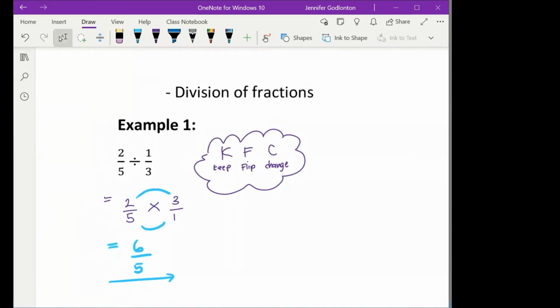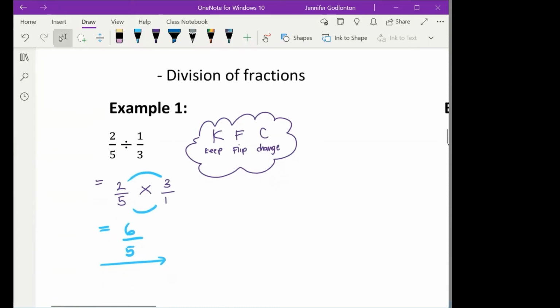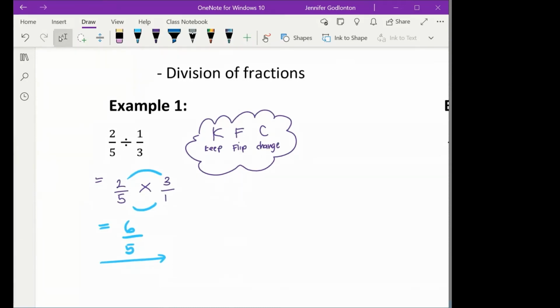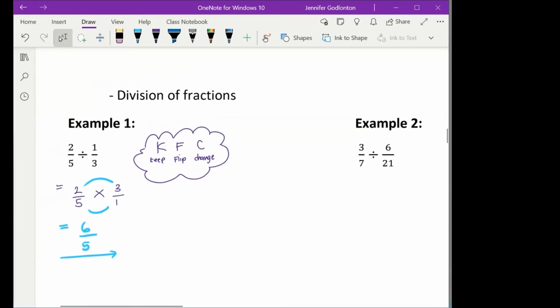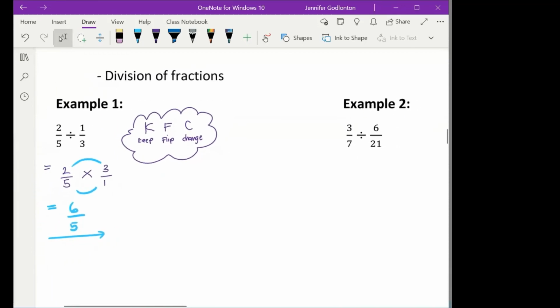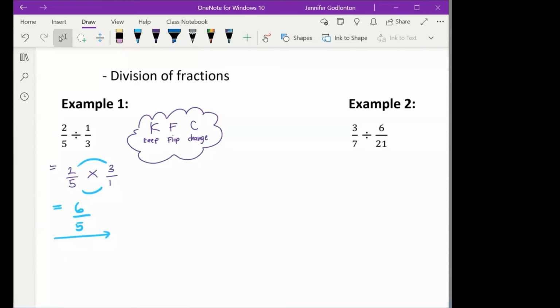Okay, let's try. I'm going to just move on one for you. Let's see if I can try and keep both of these on the same screen. Okay, give example 2 a try for me. Remember your KFC.